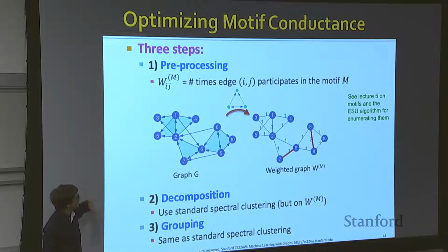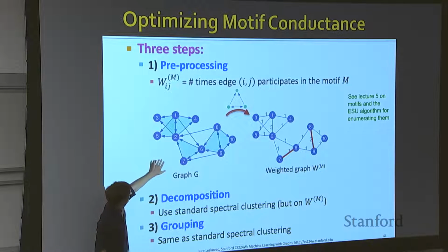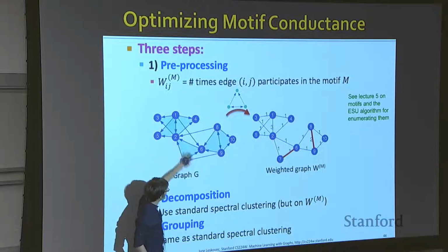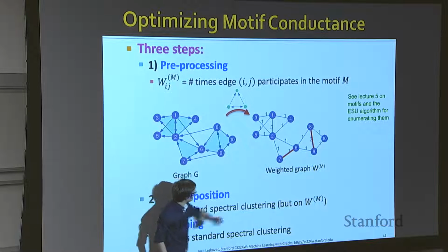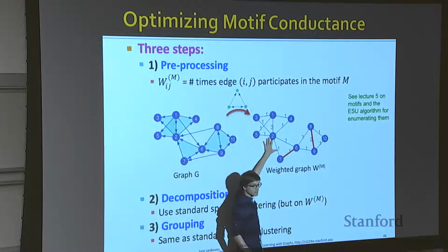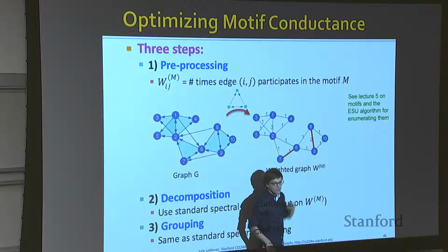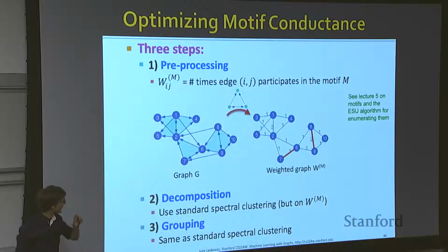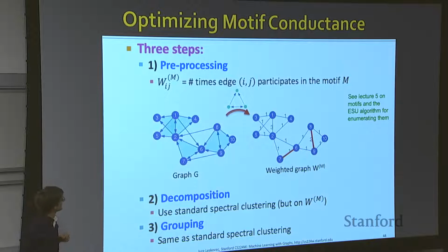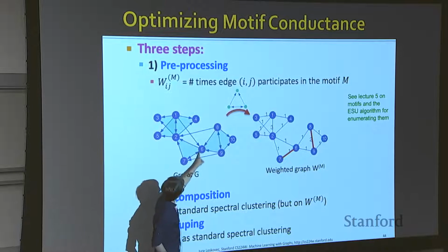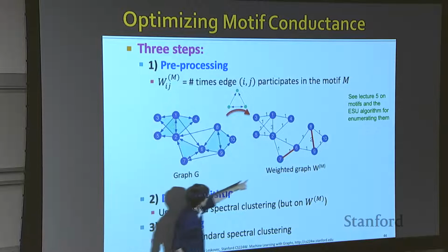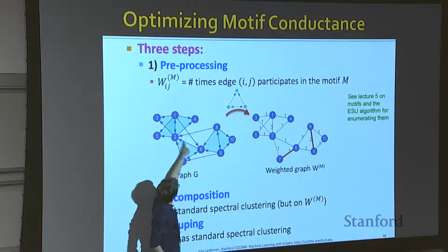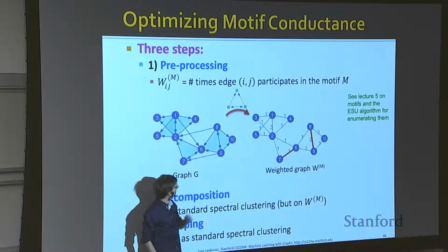We will create this graph W. The way we will create the graph W is the following. If I have a graph G and a motif of interest, then I will create an undirected graph where the weight of every edge will be the number of motifs that this edge participates in, right? So for example, this edge here between 6 and 7 has a value 1 because it participates in one instance of the motif.